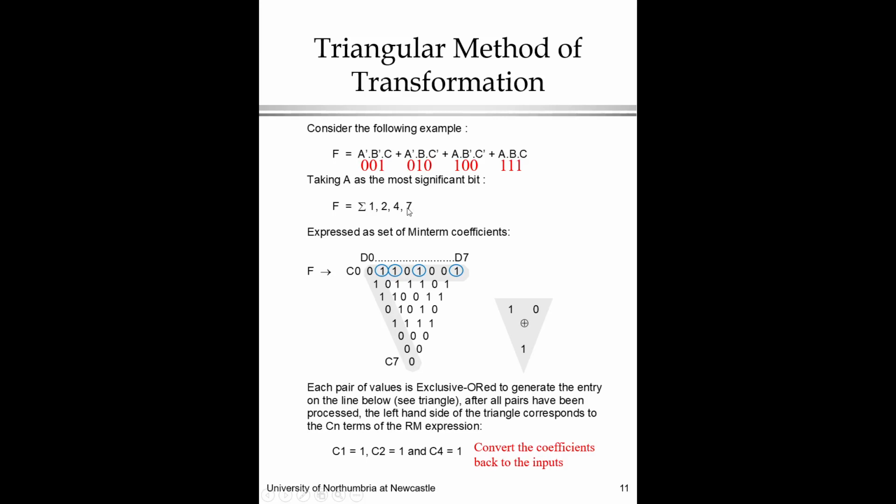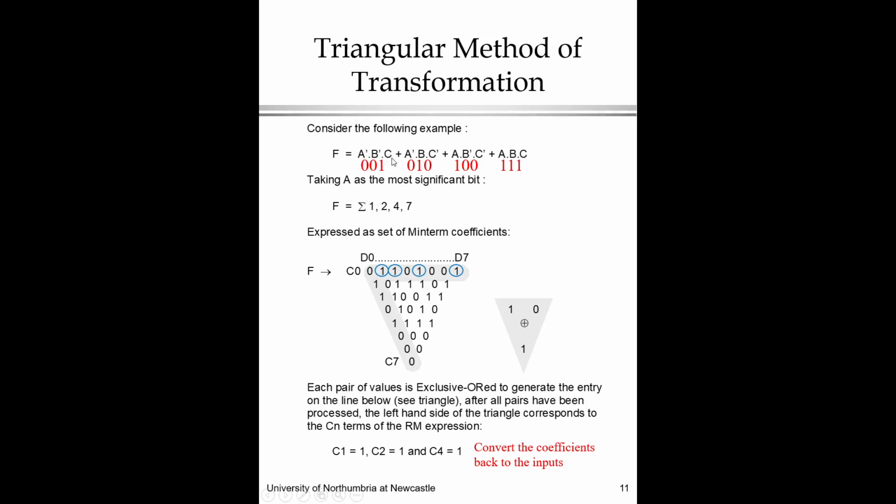So from here we need to build out D0 to D7, where D stands for the decimal of the coefficient of this circuit.